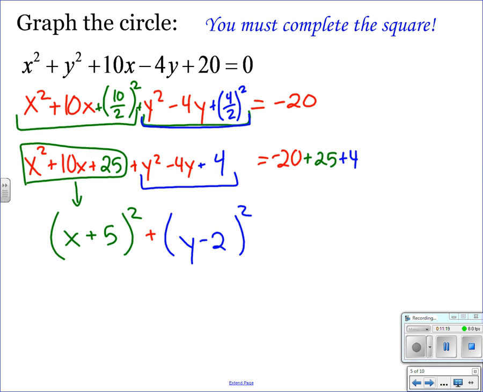Now notice that the number being added is always half of the middle term. Now, simplify what's on the right. Negative 20 plus 25 is 5, plus 4 is 9. So our center is negative 5, 2, our radius, be careful, is the square root of 9. So that's 3. So now we want to graph it.